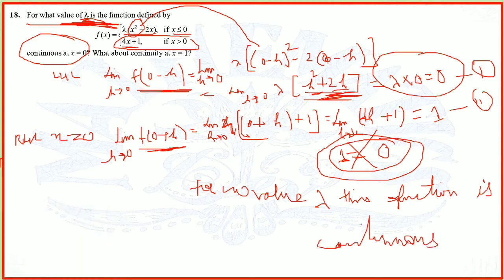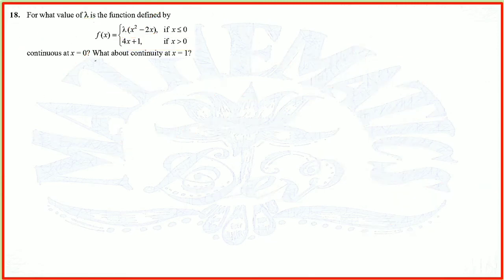Did you understand fully? Okay, so that is all about the first part, and now moving towards the second part. I hope this much is clear. Shall I move ahead? So now what about continuity at x equal to 1? As I told you earlier, x equal to 1 will fall into the category x greater than 0, that is 1, 2, 3, 4, 5, 6 and so on.